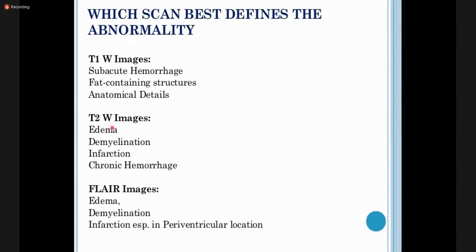In T2 weighted images, the pathologies best seen are edema, demyelination, infarction, and chronic hemorrhage. These are all best seen on the T2 weighted image. Then the FLAIR images, in which we see edema, demyelination, and infarction, especially in the periventricular region, because we nullify the signals from the CSF in the FLAIR images.